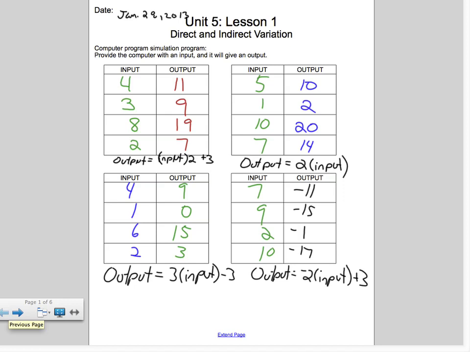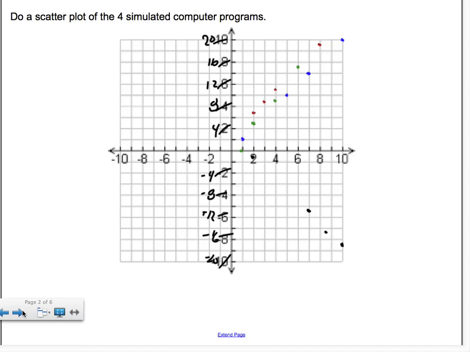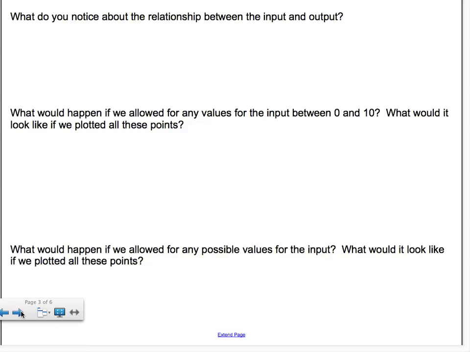So we started to see a pattern, a trend. I think it was pretty exact, right? We could predict for sure what number it was. So I have some questions about this. What do you notice about the relationship between the input and output? We answered this already. Let's write some of that down.